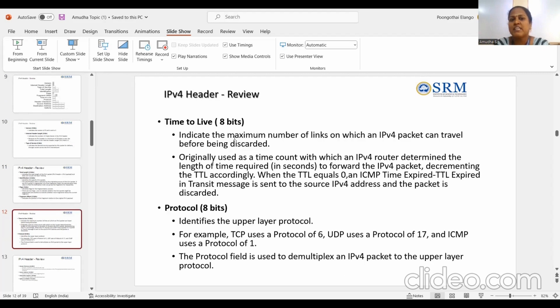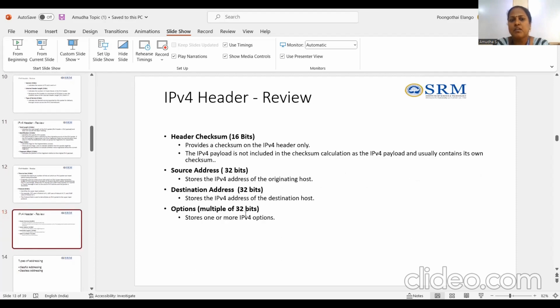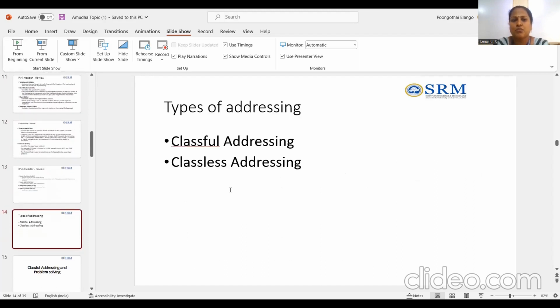The time to live indicates the maximum number of links on which an IPv4 packet can travel before the data packet is discarded. The protocol, 8 bits, identifies the upper layer protocol. The header checksum, 16 bits, provides the checksum of the IPv4 header only. It also has a 32-bit source address, a destination address, and an optional field.